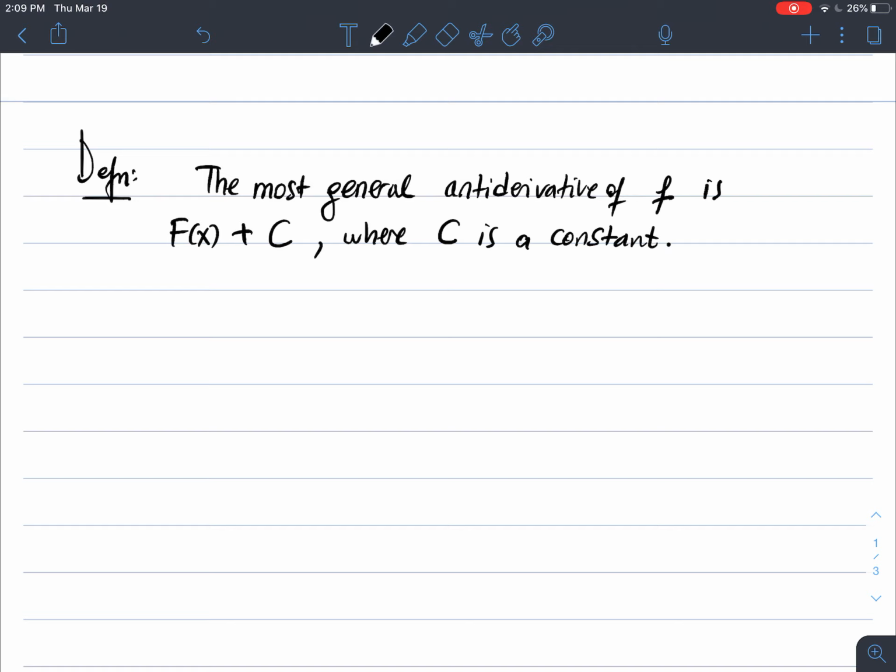Okay, and this is called the most general antiderivative of the function.